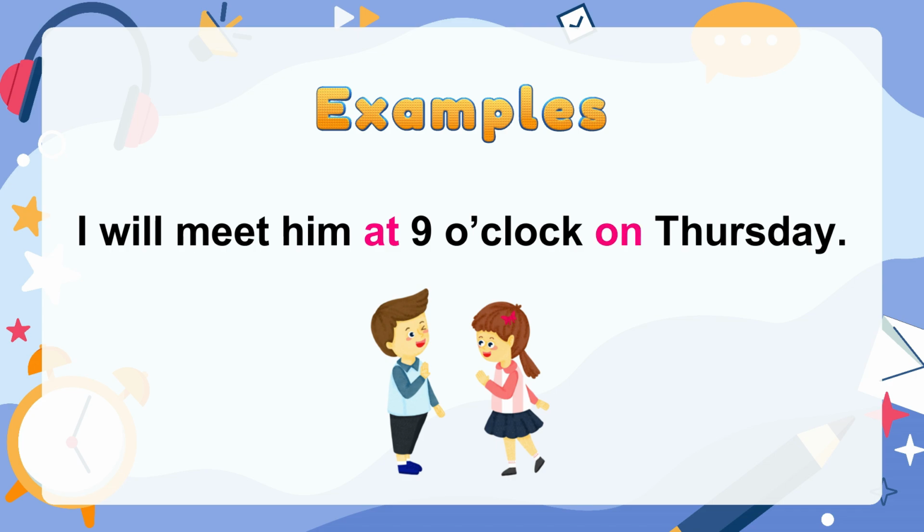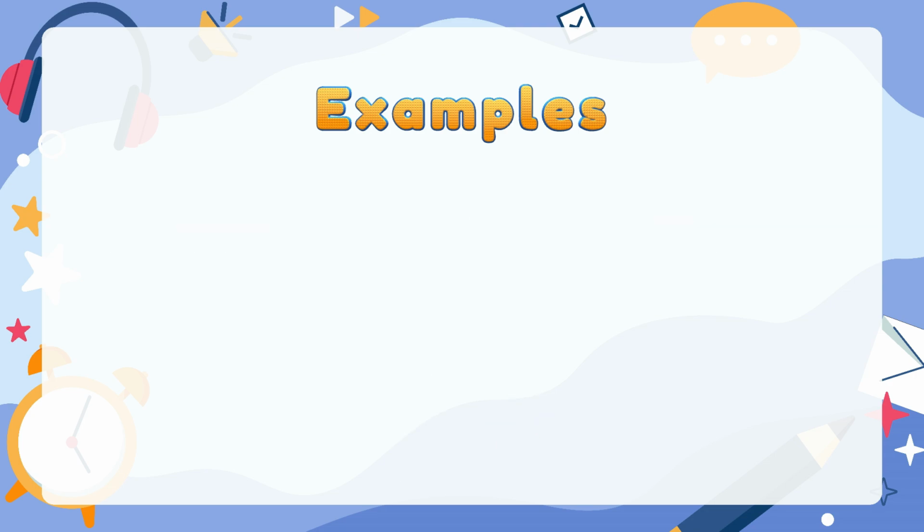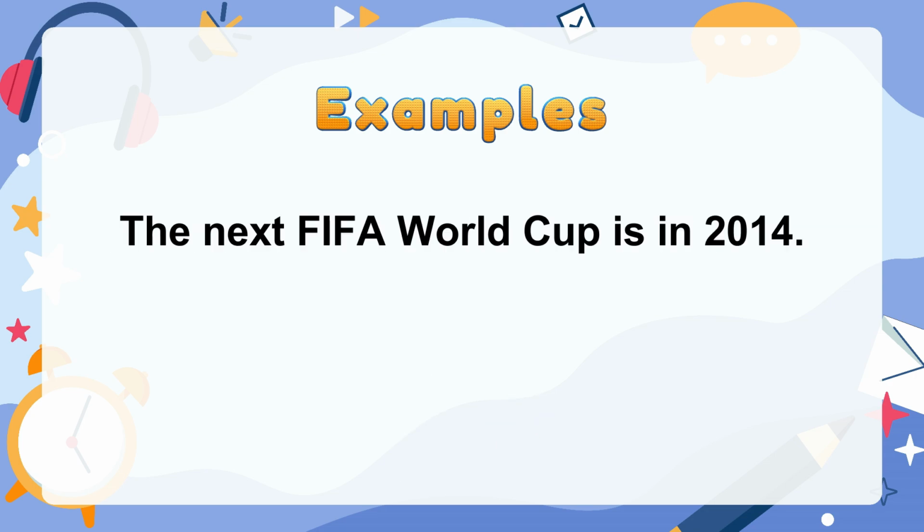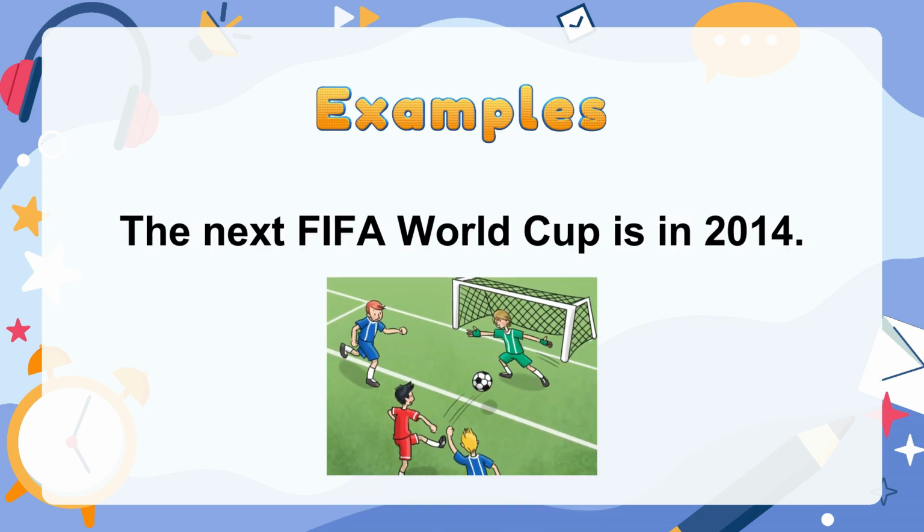Also, the preposition on is used for the day, Thursday. The next one says, the next FIFA World Cup is in 2014. The preposition in is used for the year 2014.